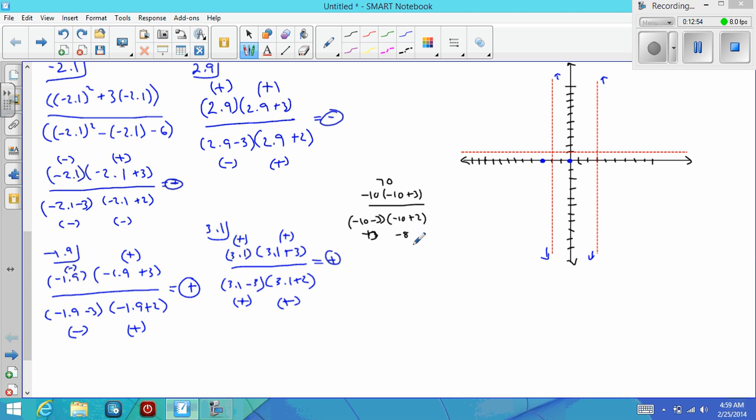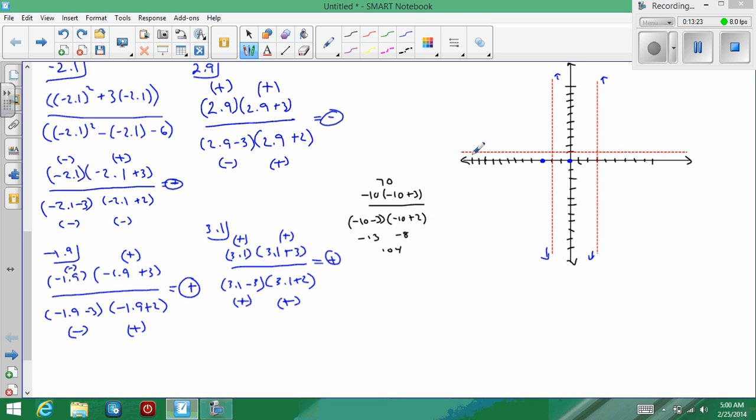That was negative 13, so that's going to give us positive 104. So 70 divided by 104 is a fraction. So it's less than the value of 1, which is really all I need to know.